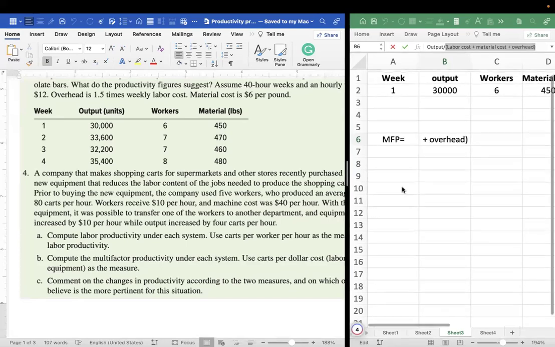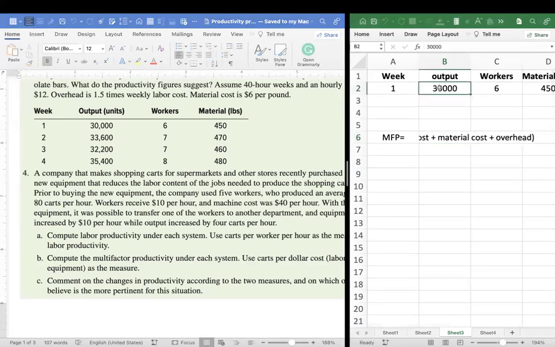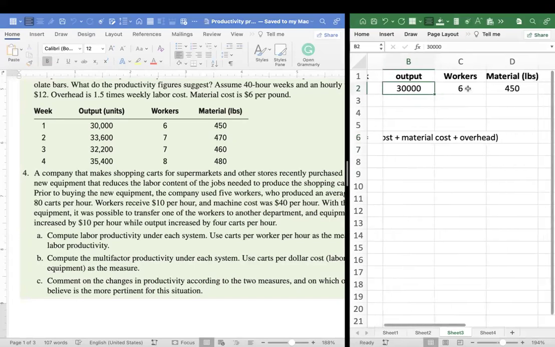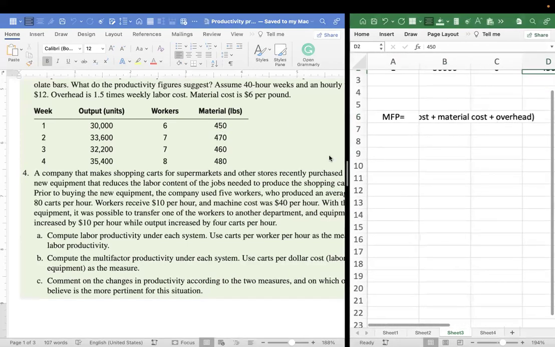So I write that output is 30,000 units of chocolate, and there are 6 workers and 450 pounds of material, such as sugar, chocolate, ingredients, raw material. 450 pounds were used.